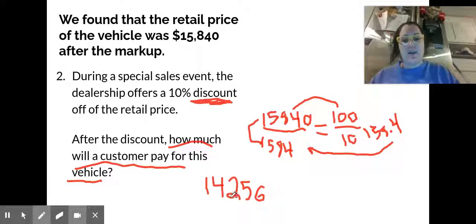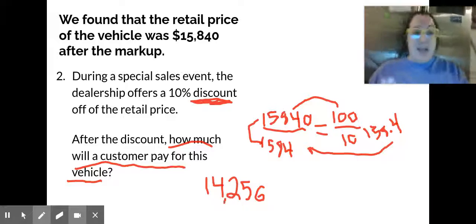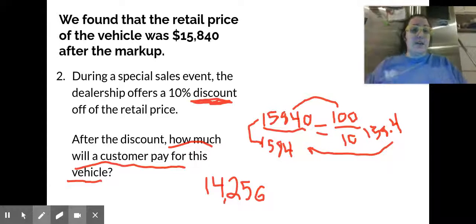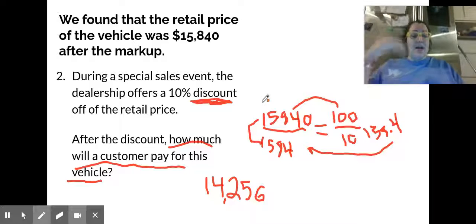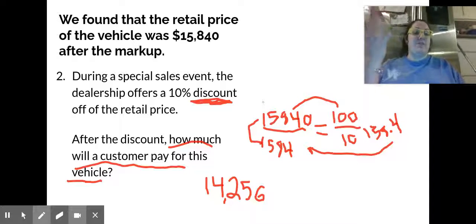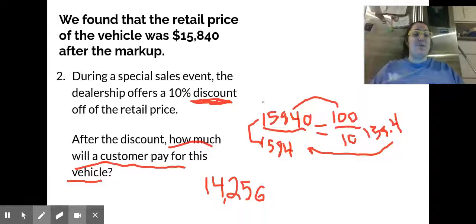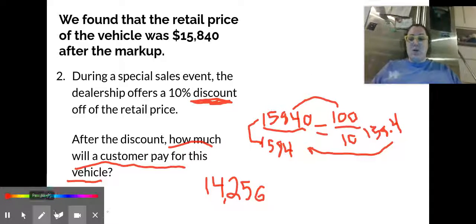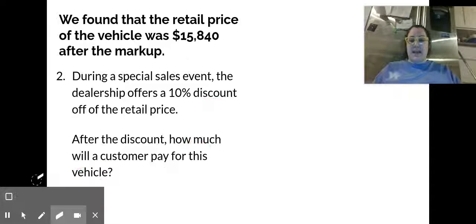Okay. So the big thing here, guys, is that you recognize that if I'm dealing with a markup, I'm going to be adding it on to the price. If I'm dealing with a markdown, if I'm dealing with a discount, I'm going to be taking it away from my total price. Okay. So that is the end of the lesson for today.